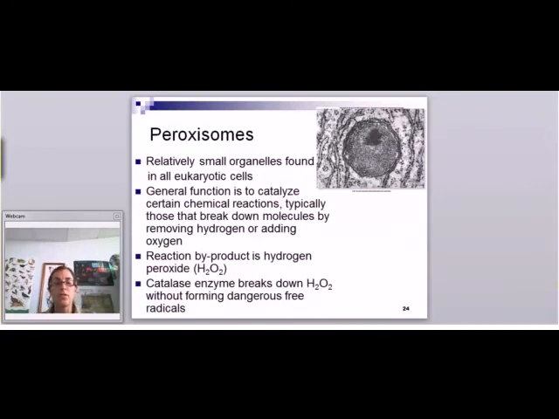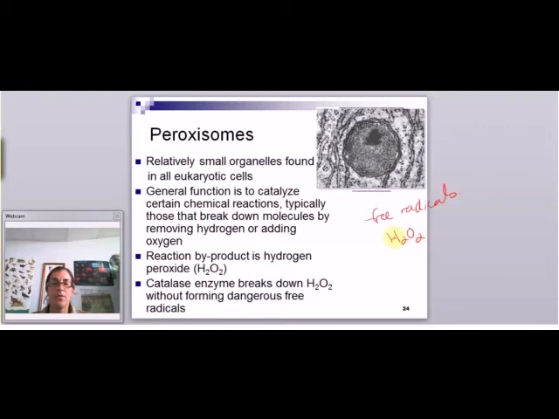Okay, so peroxisomes are another part of the endomembrane system. They're really small organelles found in all eukaryotes. They are involved in the breakdown of a really specific set of molecules. Some of them you probably heard of, free radicals, and molecules that create free radicals.